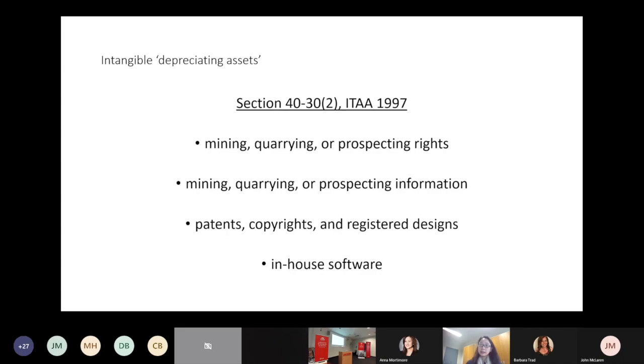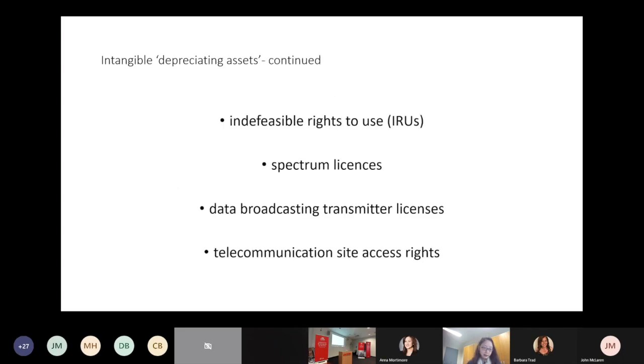Now, the depreciation of spectrum and data, broadcasting, transmitter licenses was introduced when they became subject to the market auctioning systems in the 90s. This change was intended to help domestic bidders compete against international counterparts that could access tax depreciation rules in their domestic jurisdiction.